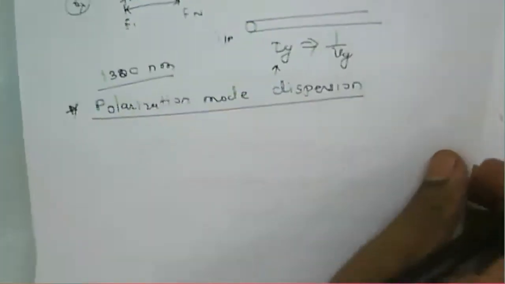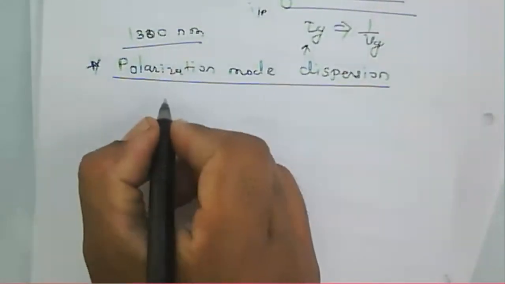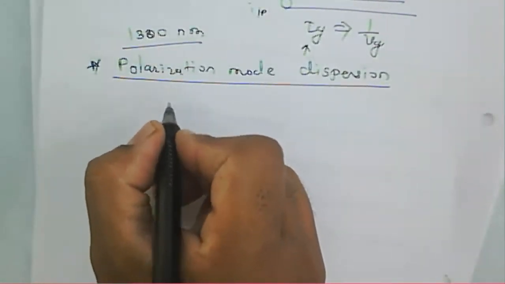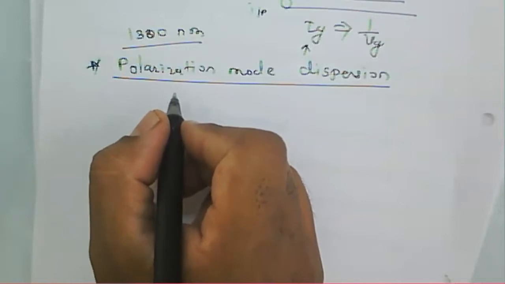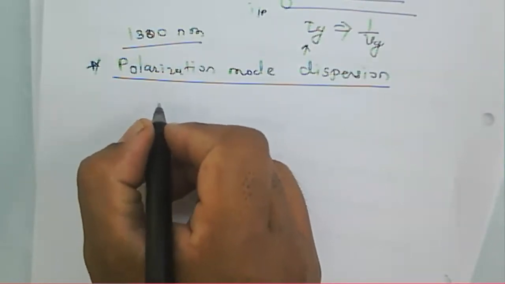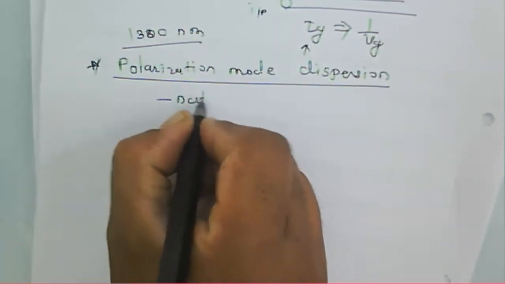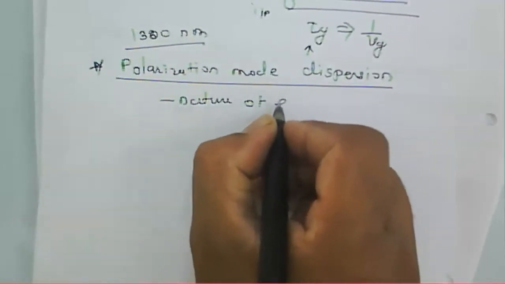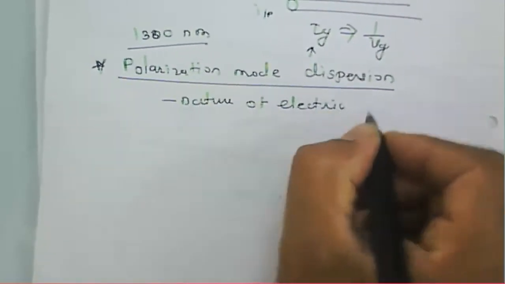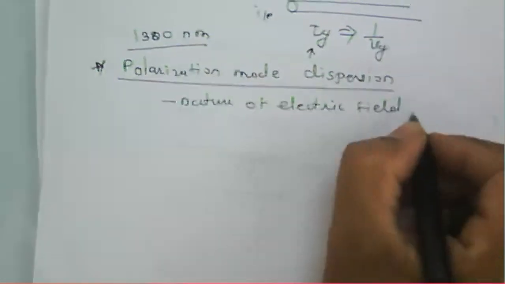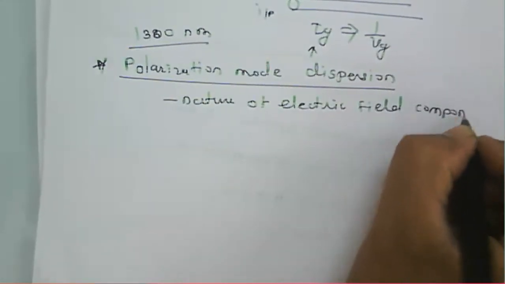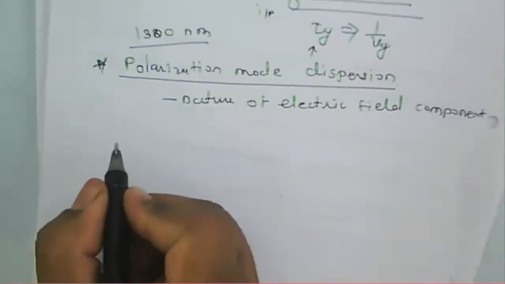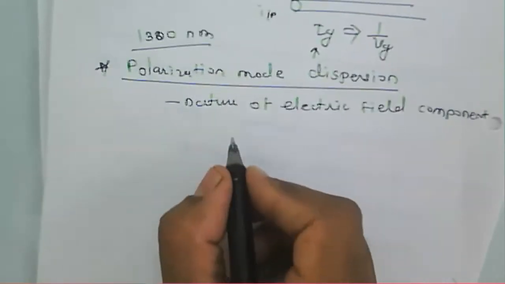In general, in wave theory, polarization is nothing but a vertical component or a horizontal component of the electric field, or you can say the nature of the electric field component that gives us the polarization in the wave theory.